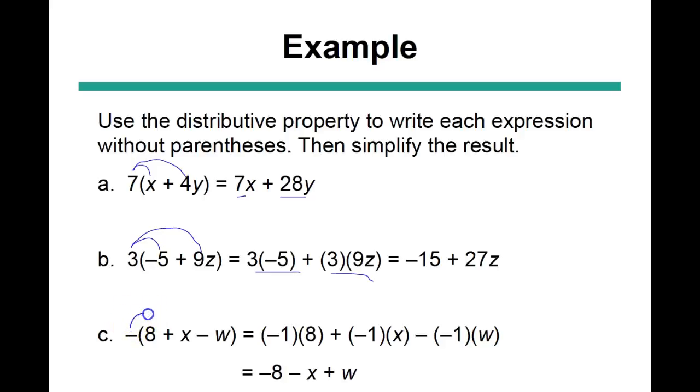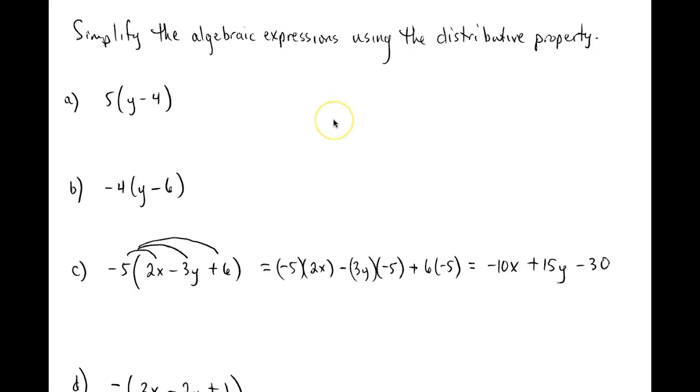So here we just distribute our understood negative 1 to all 3 terms, and then you see once we do all the multiplication over the addition, then all the terms have changed. So 8 was positive, now it's negative. X was positive here, now it's a negative term, and then W was a negative term, now it is a positive term.